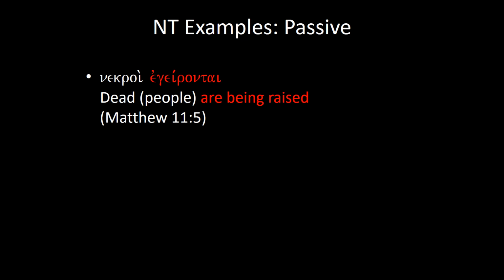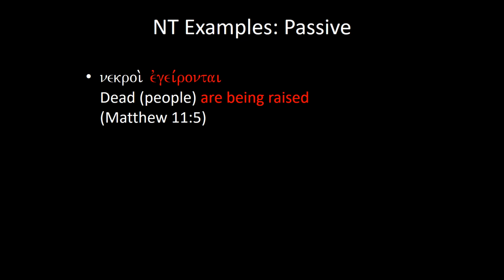Let's take a look at some more examples. These are actual New Testament examples. Matthew 11:5, nekroi egairontai. This is from egairo, I raise or rise. And nekroi is an adjective. It's a substantival adjective here. Dead men or dead ones or dead people. This is passive.